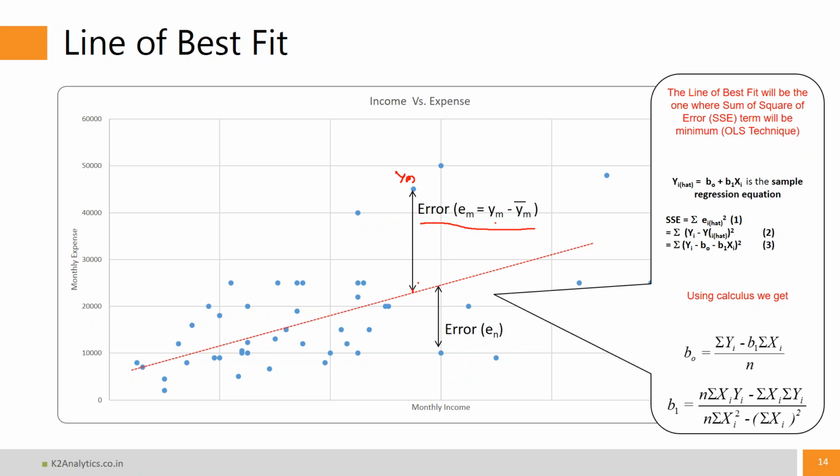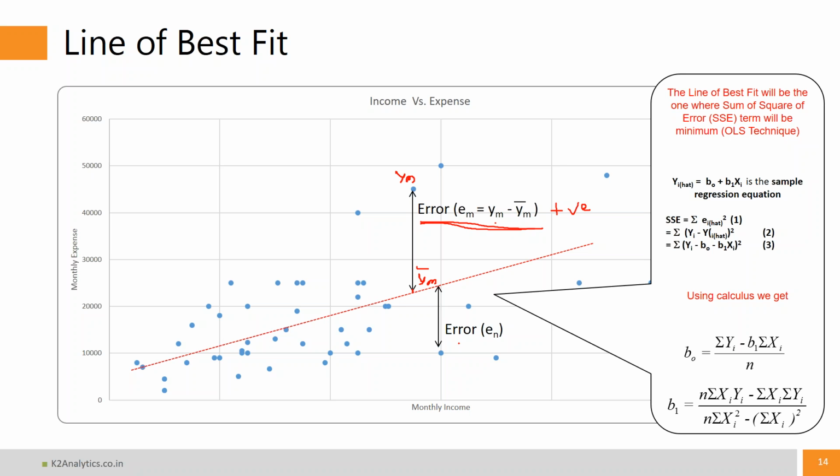And ym hat is basically what you have predicted based upon your line of best fitment. This is the error of this data point. This error, say I'm doing ym minus ym hat, so this will be a positive error. Agreed? Because ym is the higher value, we can see.